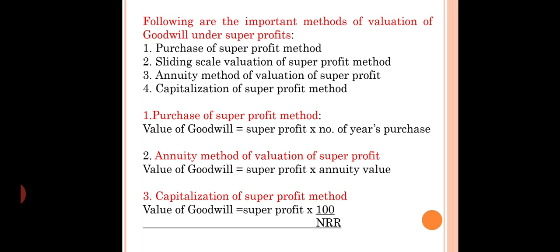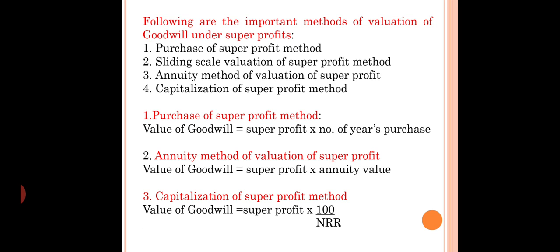Therefore, the present value of super profit is calculated for finding out the value of goodwill of the business. In order to ascertain the present value of the goodwill, the present value of annuity for rupee 1 is to be considered. That is why the value of goodwill equals super profit into annuity value.